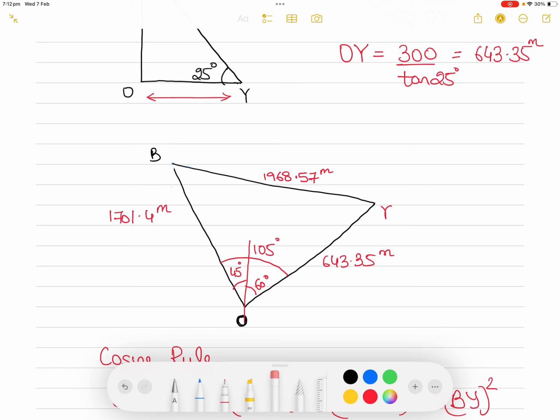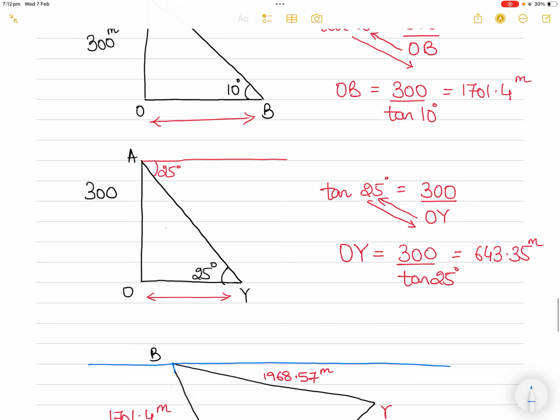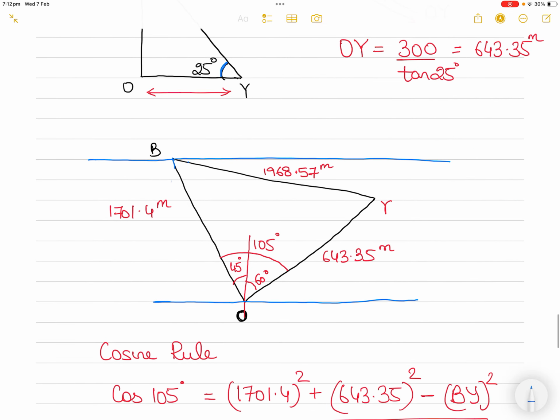Now that you know what angle you have to find, let me delete this and show you how I find it. Remember the principle I have been talking about so far: if you have two parallel lines, so imagine I draw this parallel line here and a parallel line here, remember what I showed you earlier, how this angle 25 equals 25 or how 10 equals 10.